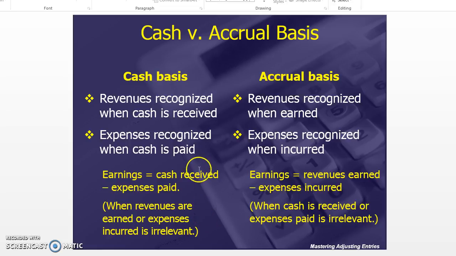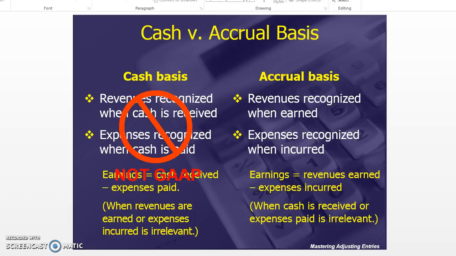Okay, that is the exact opposite when we come to consider the accrual basis of accounting. Under accrual basis accounting, our earnings are when we earn the revenue less the amount of expenses that have been incurred. Okay, when cash is received or expenses are paid is irrelevant.